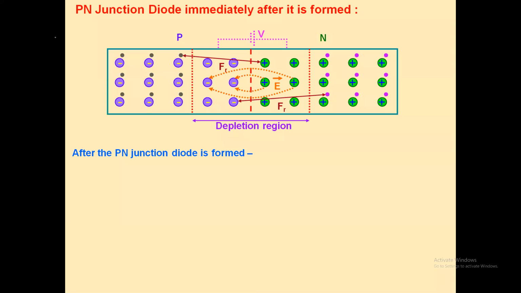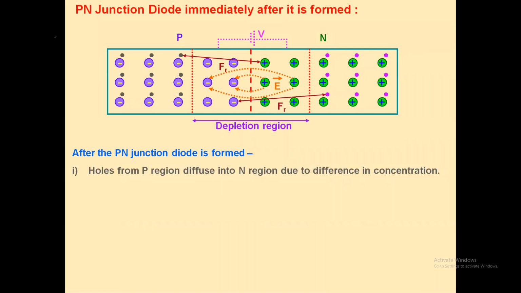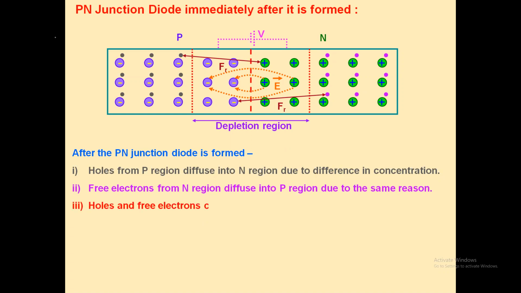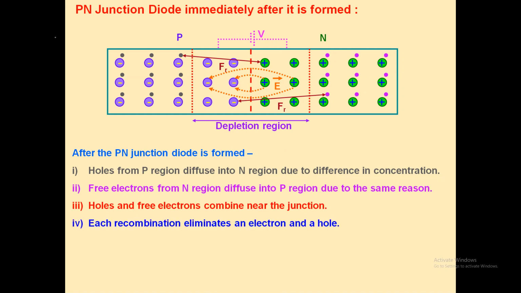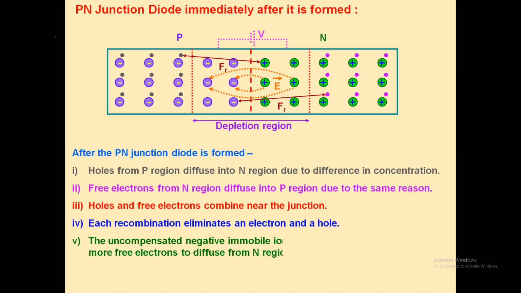After the PN junction diode is formed, the holes from the P region diffuse into the N region due to the difference in concentration. The free electrons from the N region diffuse into the P region for the same reason. The holes and free electrons combine near the junction. Each recombination eliminates an electron and a hole.